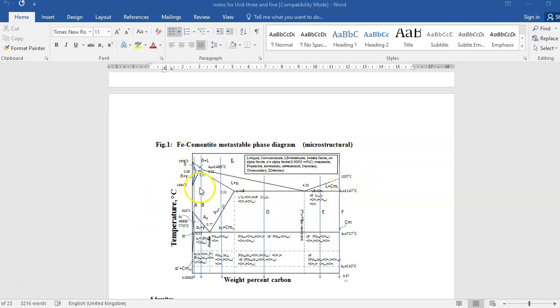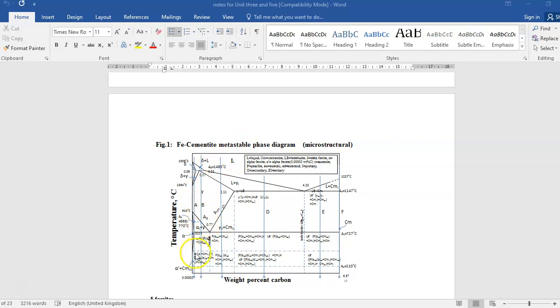Now the solubility of austenite, which changes from 0.18 to 2%, will decrease again from 2% to 0.8%, that is the eutectoid point, and it again changes to 0%. So we get this loop, which is known as the austenite loop.